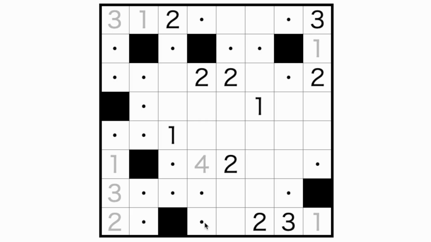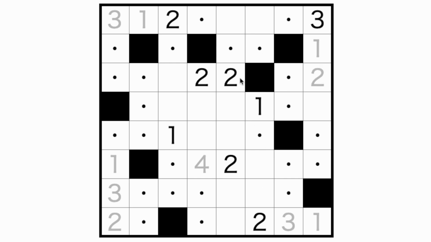3 can't go west, so it must go north. 1, 2, 3. That one's done. Has that done anything? It did this 2. The 2 doesn't have to go south, so it goes west. And that is enough to tell us what this 1 does. It goes up here. So this is unshaded to finish that one off.